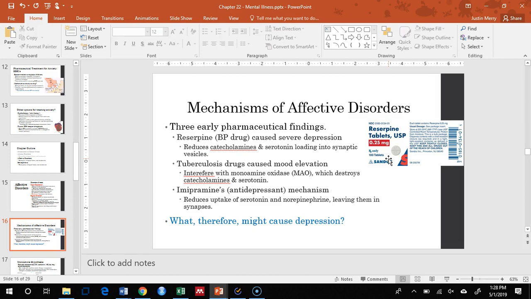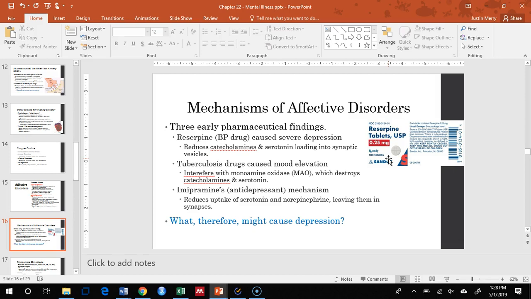They prevent monoamine oxidase from destroying catecholamines and serotonin, and that increases your catecholamines and serotonin. The consequence is that people who got these tuberculosis drugs also tended to have mood elevation. So again, something going on with your catecholamines and serotonin is affecting your mood.